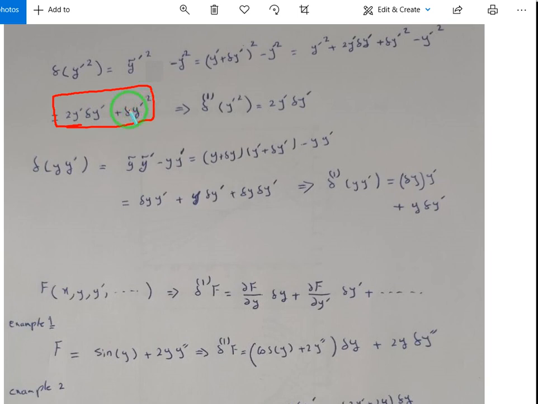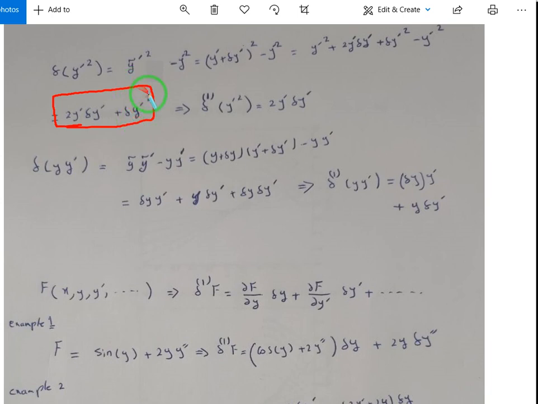If, as we told previously, we assume that delta y is a very small change, so we can say that delta y is an order 1 and delta y2 is an order 2 parameter, which can be neglected for small values of delta y.